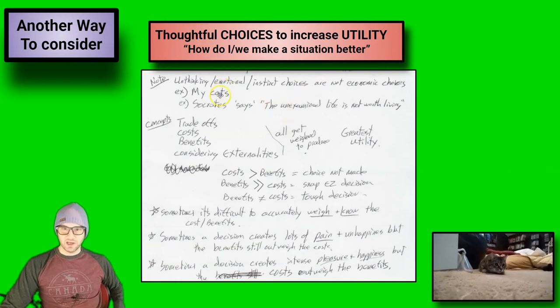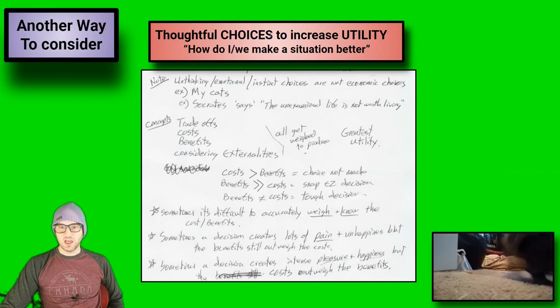People make unthinking choices based on patterns. They make emotional choices based on the overwhelming emotions they feel at the time. They make instinctual choices. These would not fit into the choice theory of economics because you're not considering the choices, and you're not considering the costs, benefits, and trade-offs. The choice version of economics has to be conscious.